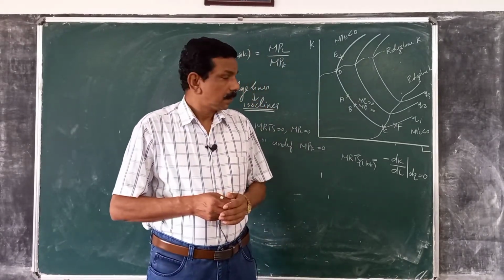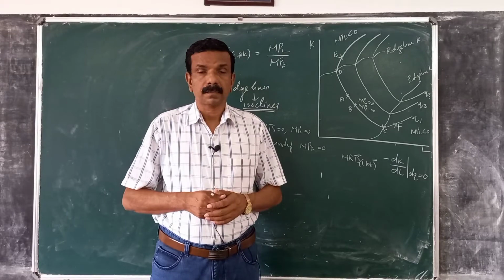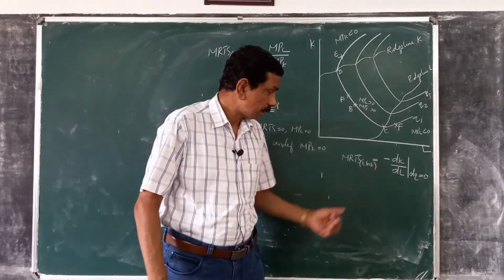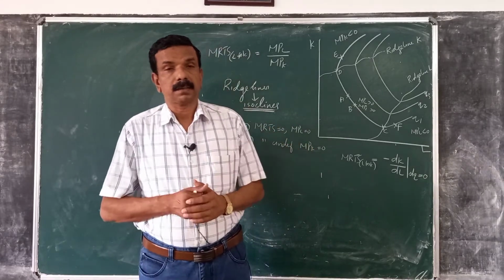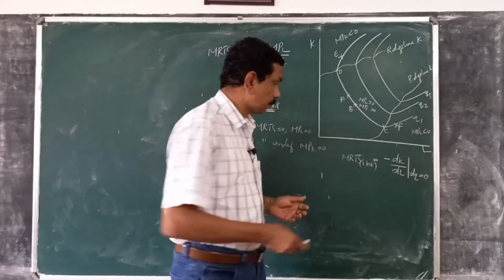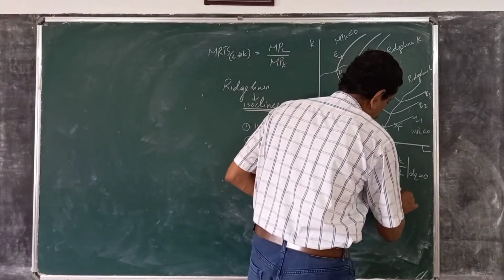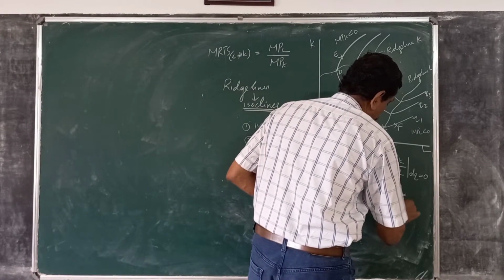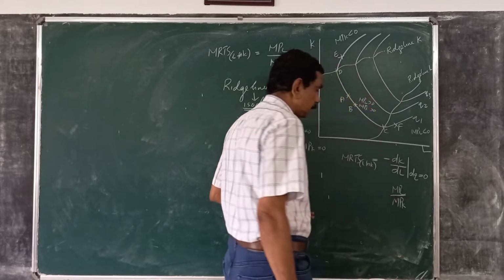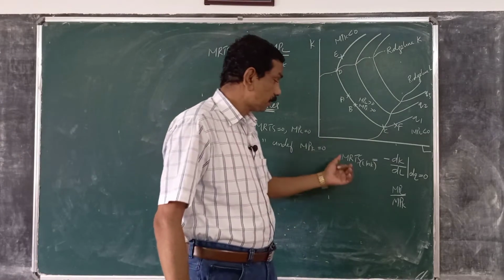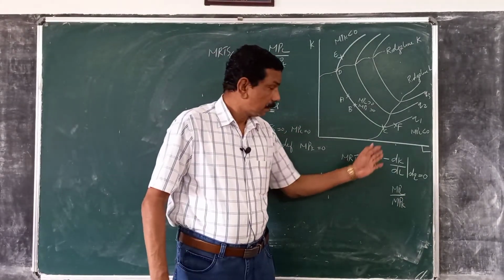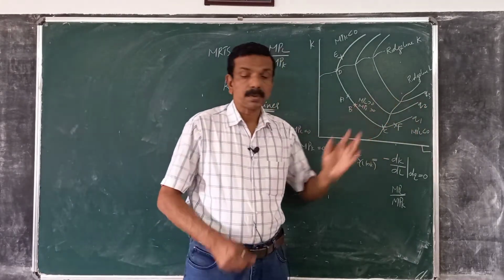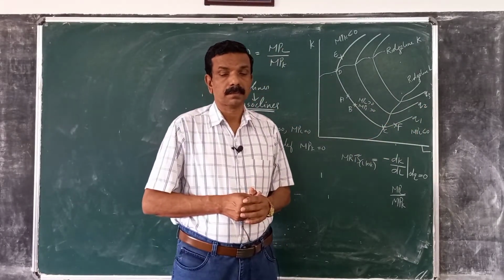And MBL is negative, resulting in what is known as negative MRTS, because MRTS is MBL by MBK. MBL is negative, resulting in negative MRTS. That means the isoquant is positively sloped.